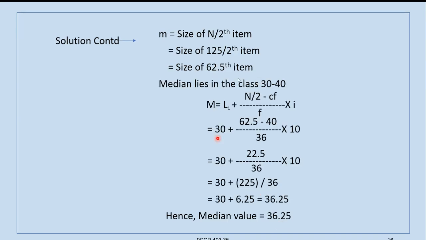So the same values are taken in the formula: L1 is equal to 30, n by 2 is 62.5, CF is 40, f is 36, and i is 10. Likewise, if we calculate, the median value is 36.25 for the given series. So this is how we calculate the median when less than cumulative frequency is given.